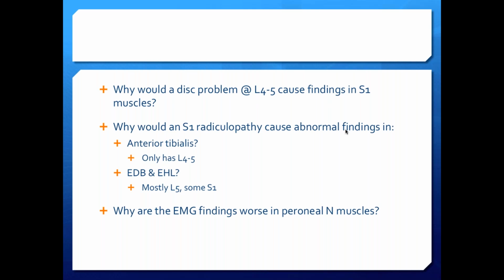The EDB and EHL do have some S1 components, but they're predominantly L5. And why were the findings worse in the peroneal nerve muscles? So we have the data, we have our findings, but these are things that make you second-guess, and we didn't really address those questions. Those are questions we still need to look at.